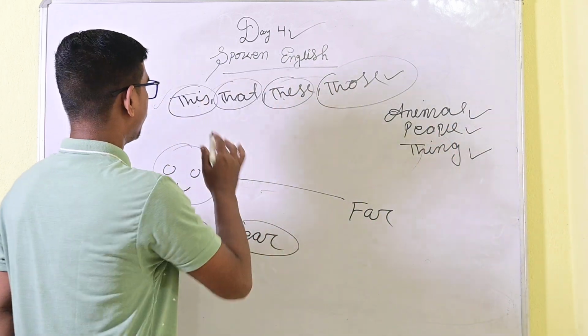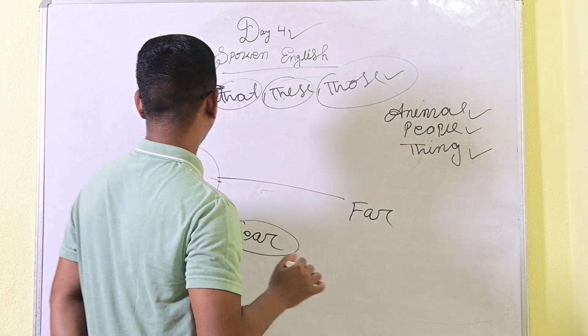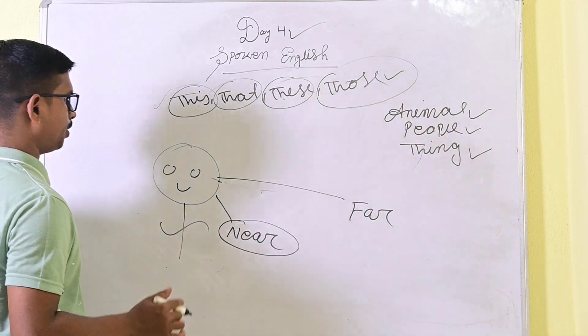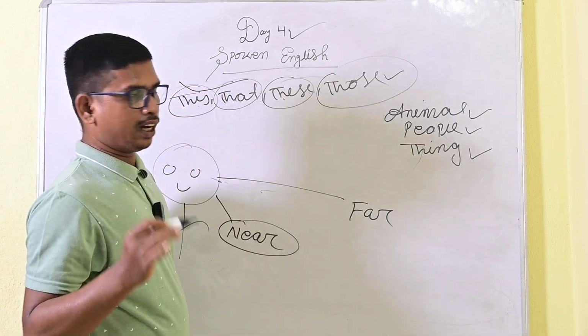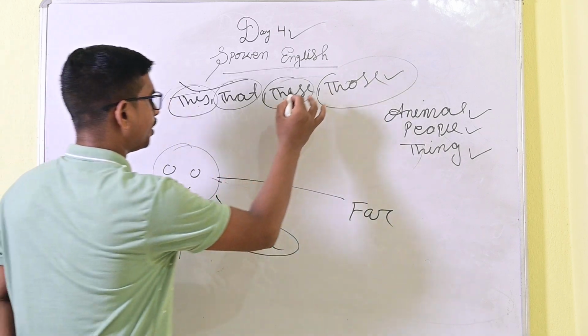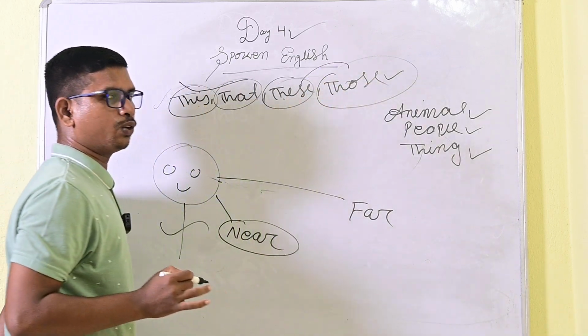You have to focus here, because this and that are used with singular, these and those are used with plural.